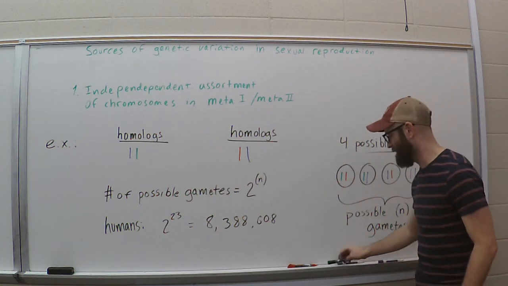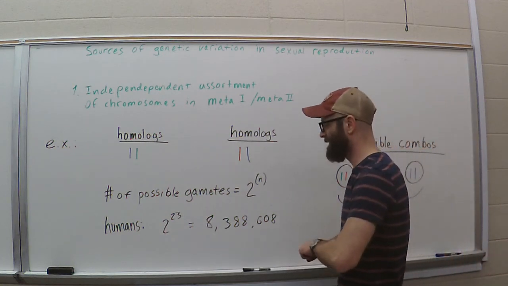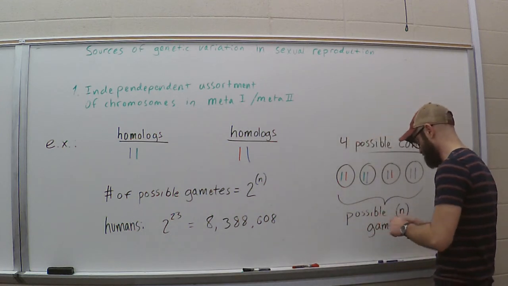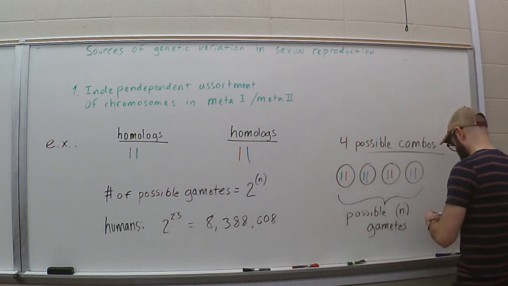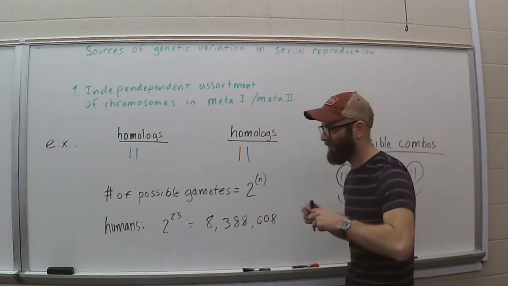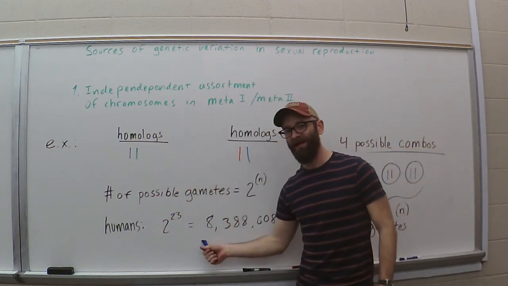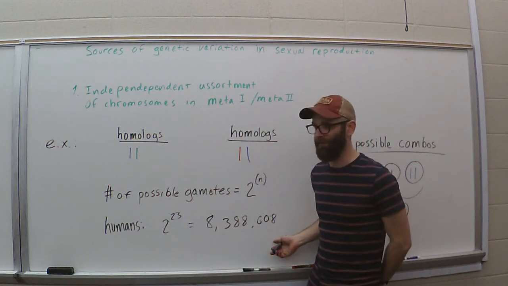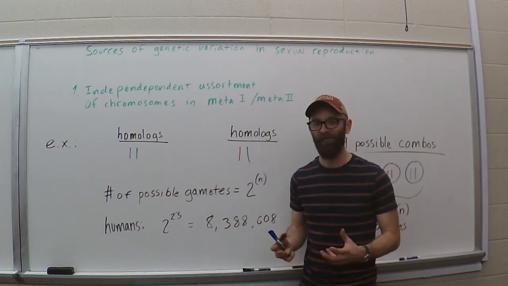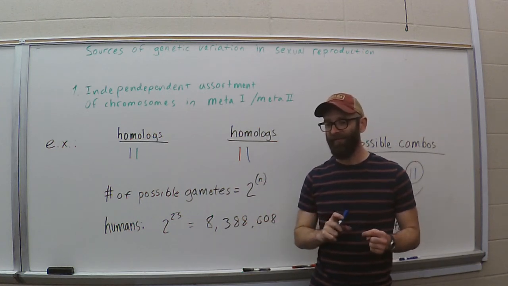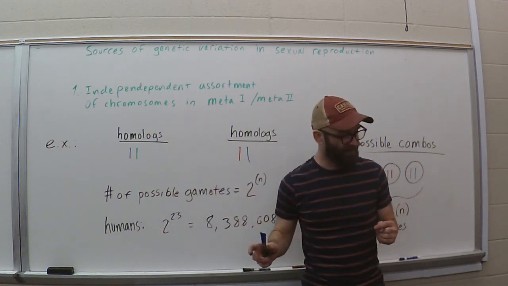But that's not even the end of the potential variation here, right? Because if you mate with another individual, you have almost 8.4 million different combinations of chromosomes that can go into your gametes, but so does the individual that you're mating with.